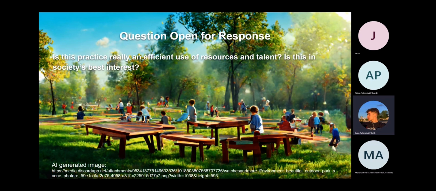But I must ask this question to those listening. Is this practice of latency arbitrage really an efficient use of resources and talent? Right? We have these really smart, talented young people going into this field just for that short-term profitability, right? Is this in society's best interest? Can this be thought of as an inefficiency in our current system?